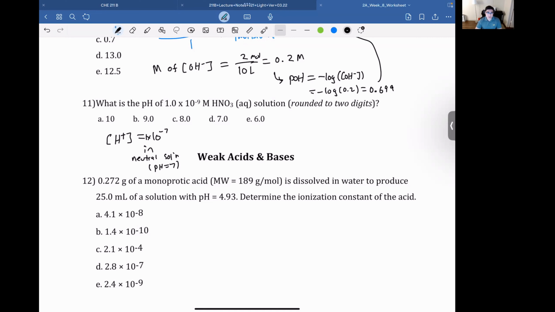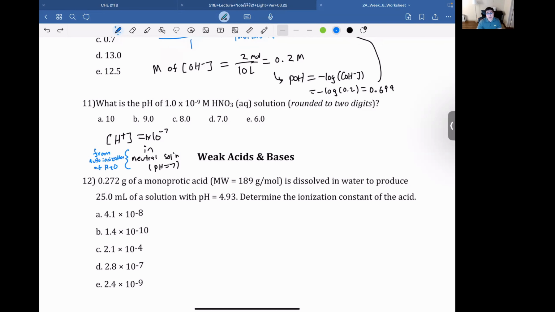So if you're looking at these two numbers, the concentration, and this is from autoionization of water. So you have to look at the concentration of the nitric acid. It's 10 to the negative 9th.